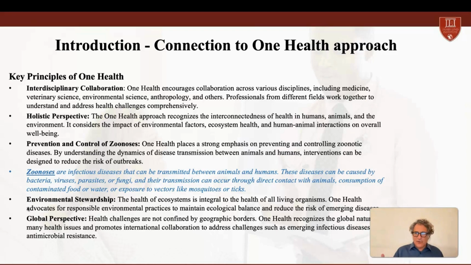There is also, of course, a global perspective in terms of organization, in terms of controlling, or trying to confine this problem within specific geographic borders. Just think about what happened a few years ago with COVID-19, how this virus spread around the world in a few weeks.